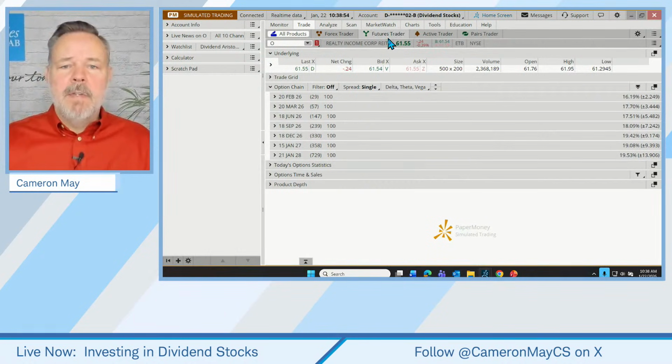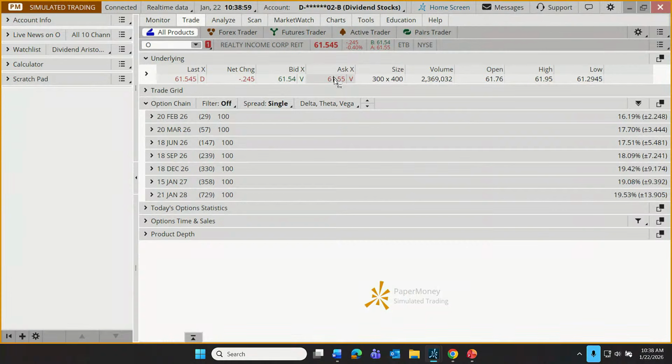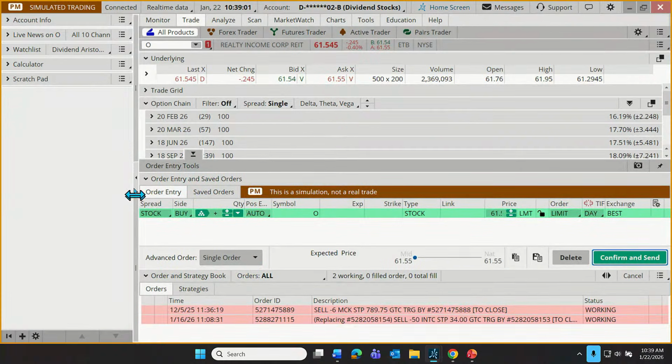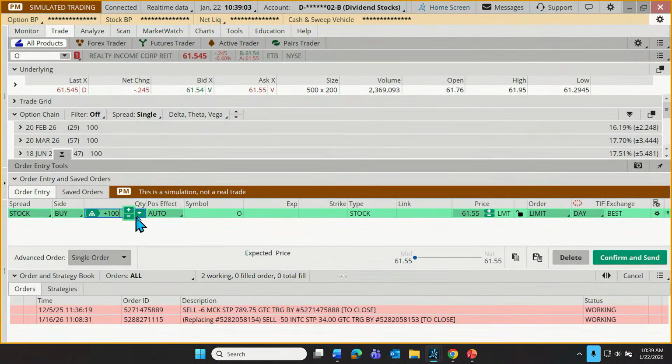Okay, so we're going to click on our trade tab. We don't need that exposed down there. Let's click on our trade tab, make sure that we're looking at O, click on the ask price, and we're going to buy 162 shares of O. Let's make that purchase at the market price. We're investors here. Maybe a trader cares whether they pay a penny less or a penny more, or a nickel here or there.